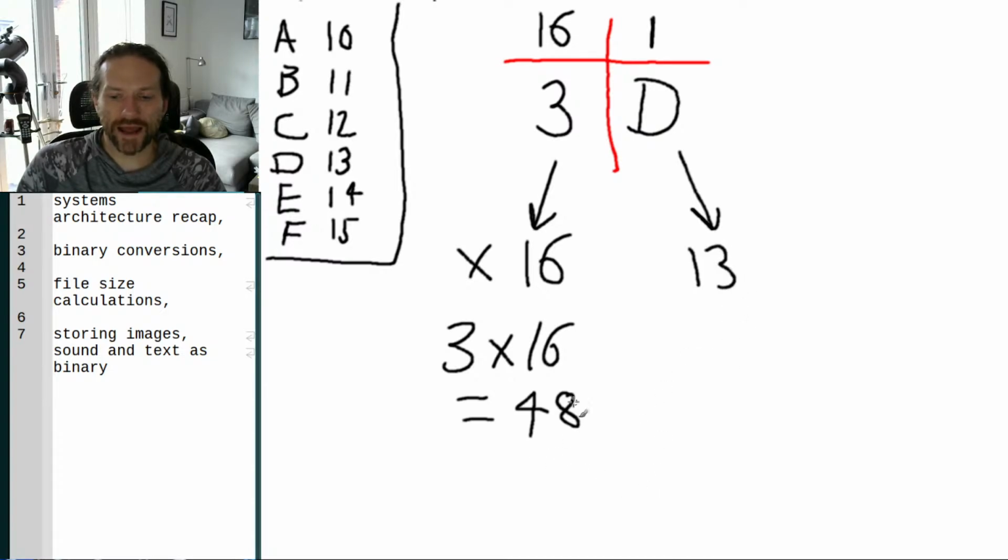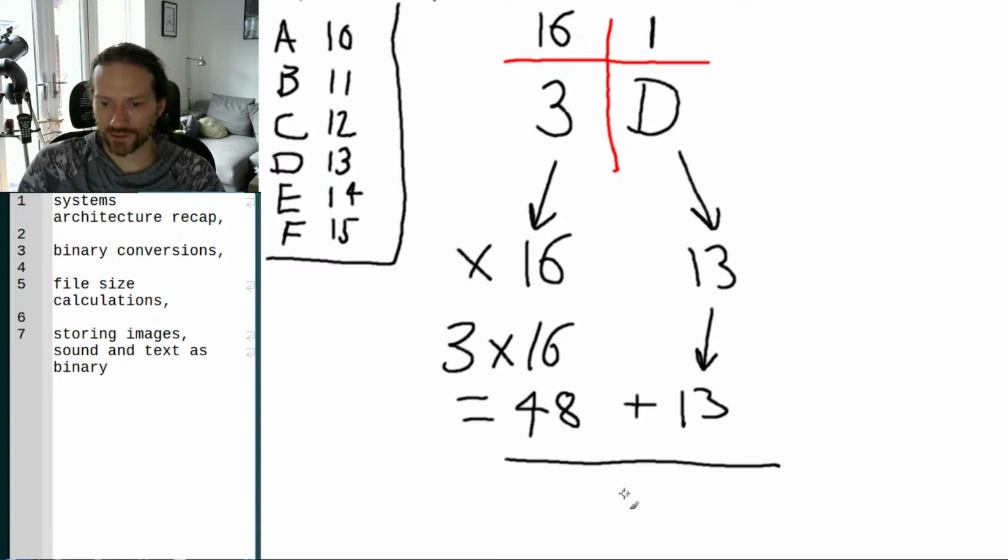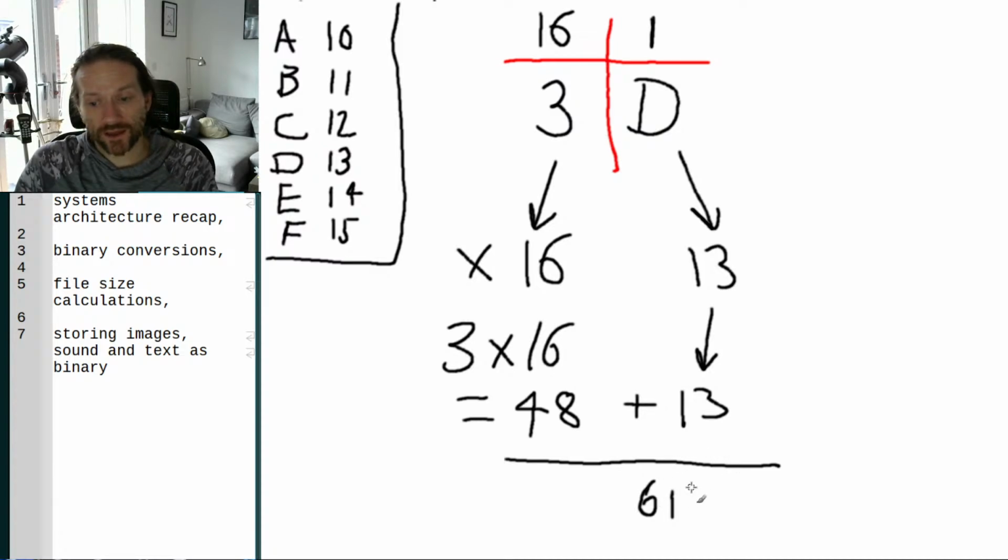Okay, I've now got 48, and I add 13 onto that. 48 plus 13. 8 plus 3 is 11. 4 plus 1 is 5. We end up with 61. Okay, so 3D in hexadecimal is equivalent to 61 in denary.